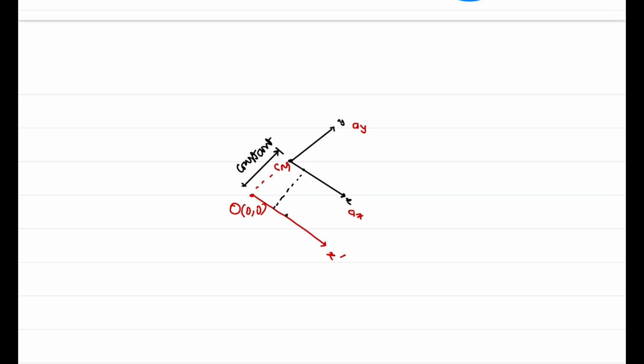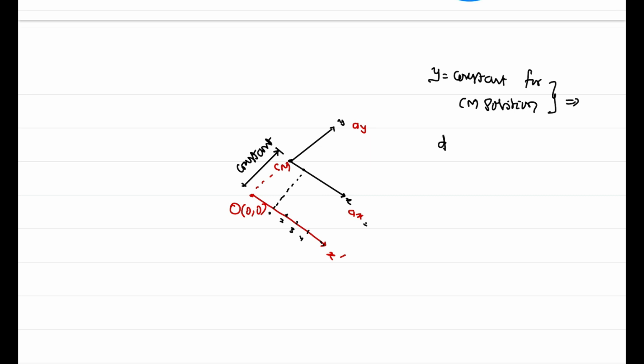After some time CM is here. After some time CM is here. That means in the x axis there is an acceleration, but in the y axis, as y is equal to constant for the CM position, CM is the center of mass.